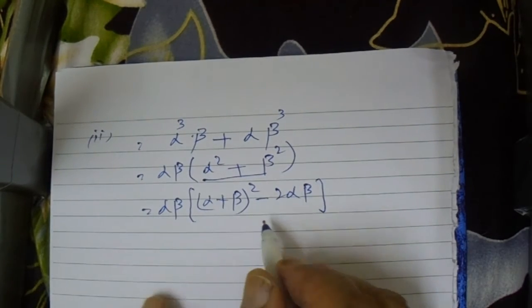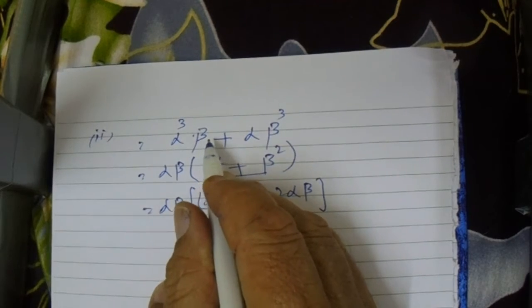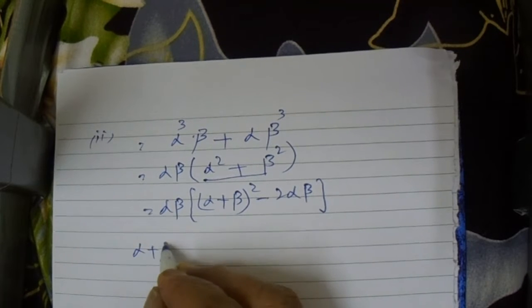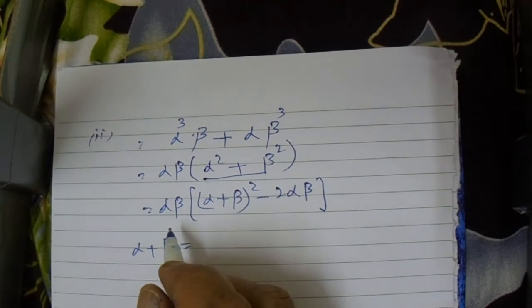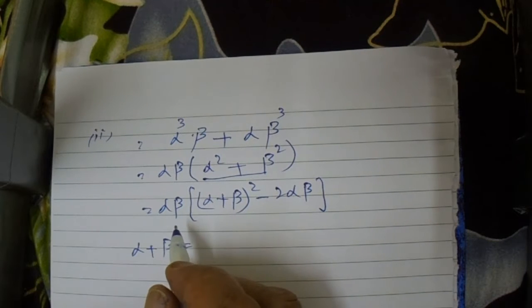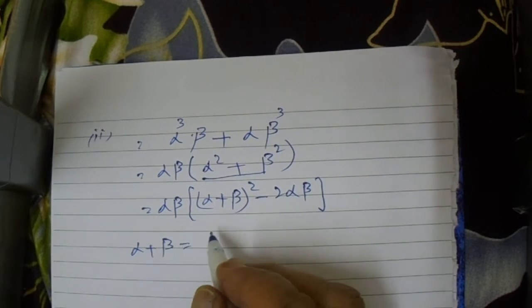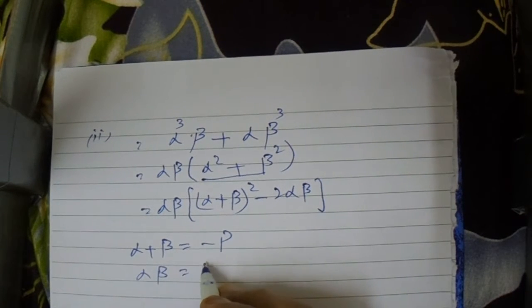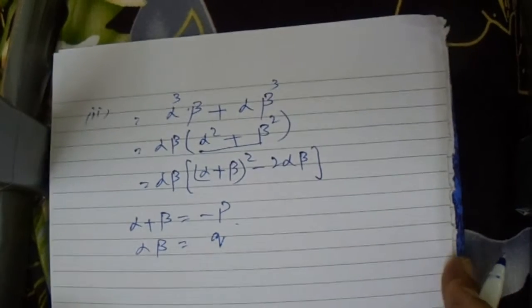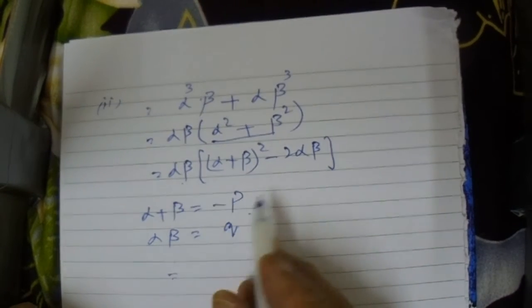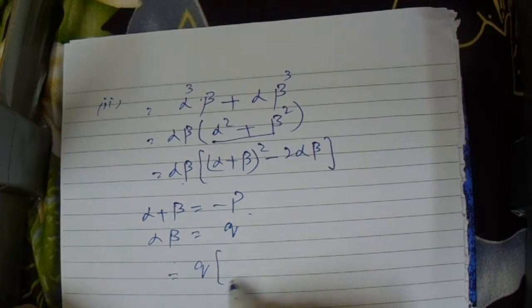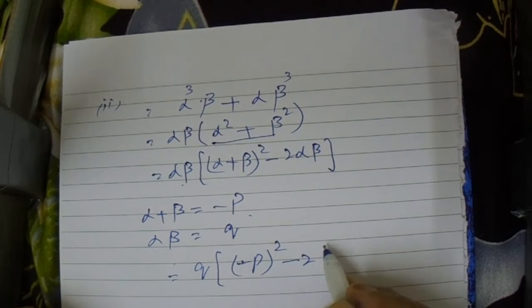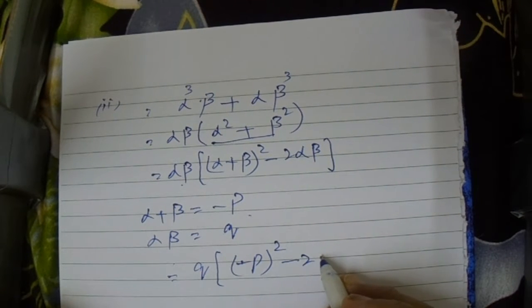Now put the values in this and evaluate to get the answer. Alpha plus beta, we found in the first part, is minus p, and alpha into beta we found is q. Now put the values here: alpha beta is q, and minus p whole square, minus 2 alpha beta, and alpha beta value is q.